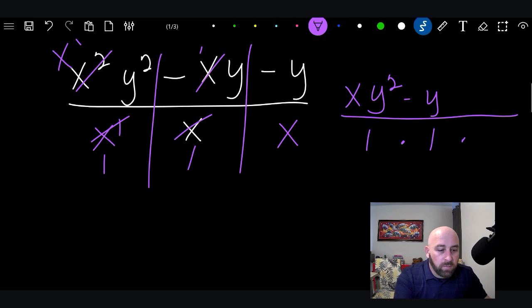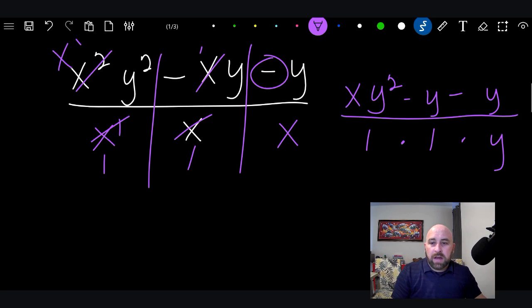And then what happens here? Well, this is where you get something. So negative sign. And you can't do anything here. Look, I can't cancel my x and my y, so that's just going to be a y up there and a y down there. Okay. All right. So now what do we do?